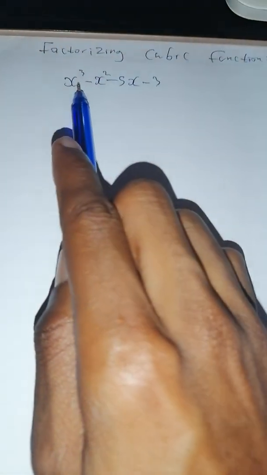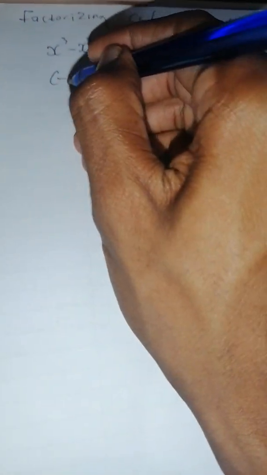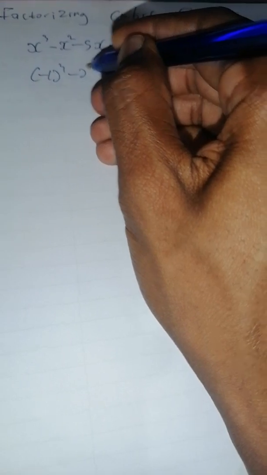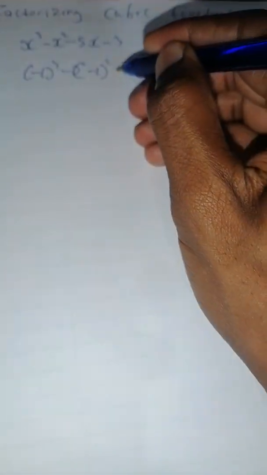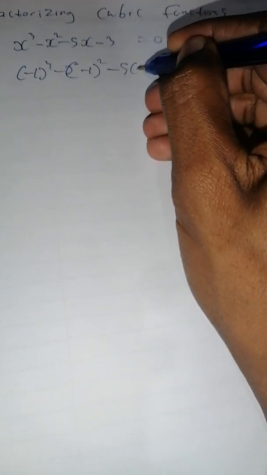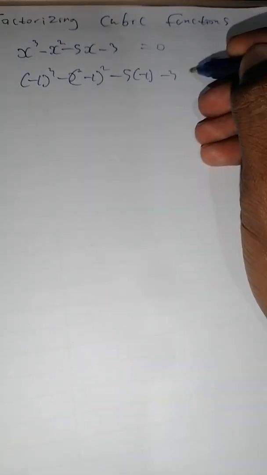But before we do that, remember that we need to find a number that, when we substitute it for x, makes our equation equal to 0. For the purpose of this video, if we substitute -1 into this equation, you can try it on your calculator, you are going to get 0.